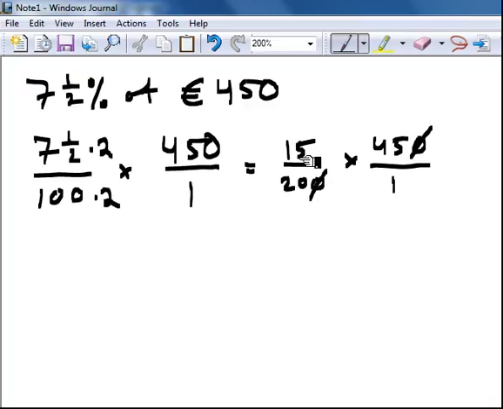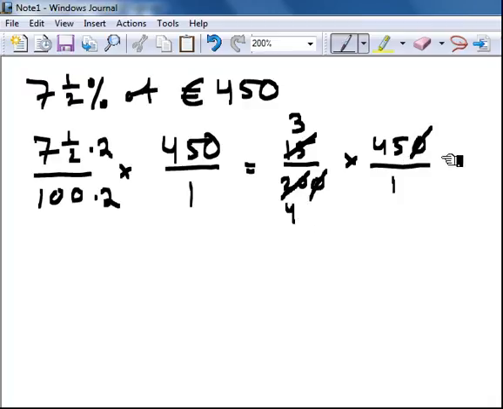Before we just continue and calculate 15 times 45, which is a pretty big number, we can still simplify a little bit more. So 15 is 3 times 5, 20 is 4 times 5. So we have a 5 in common here. Let's cross out the 5 and we have the 3 left. Let's cross out the 5 here and we have the 4 left, okay?